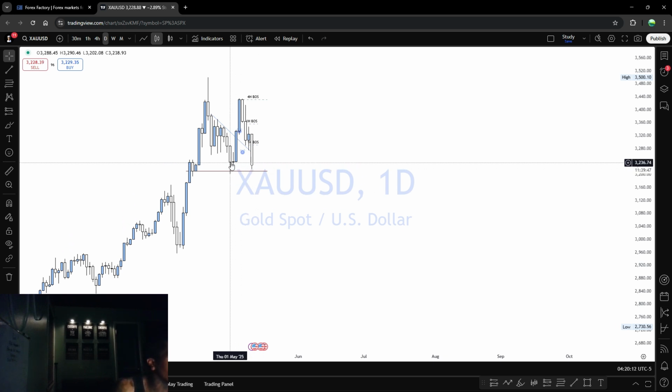And really, how price is looking now, what I think price could be doing, we just have to see if we do get a close on the lower time frame. But it does look like it could be doing something like this.